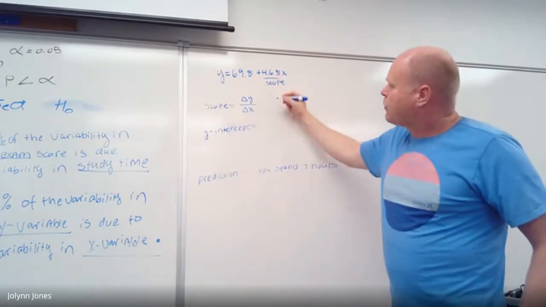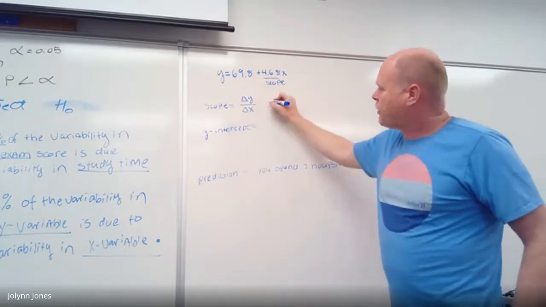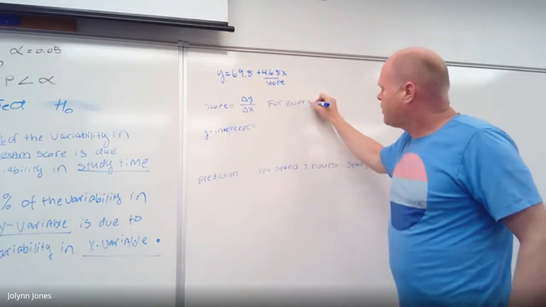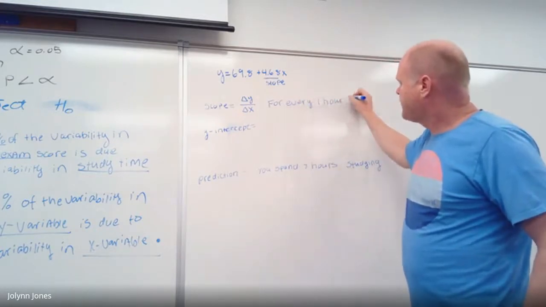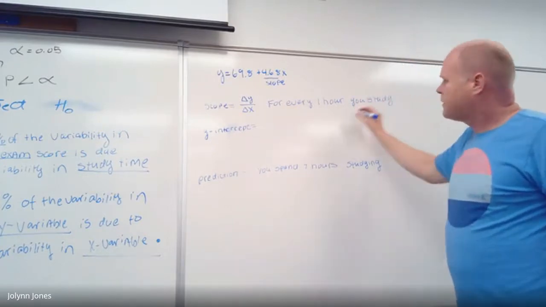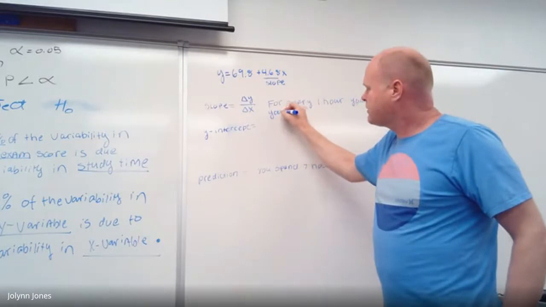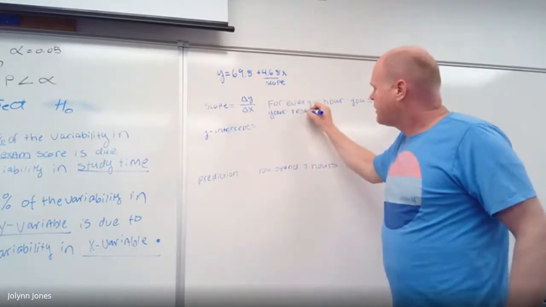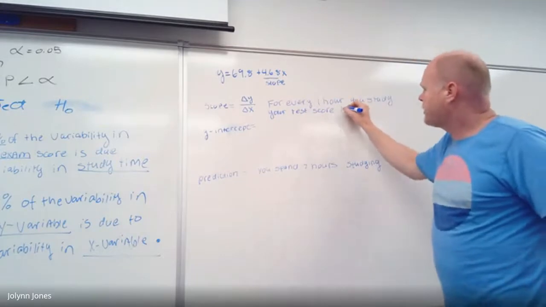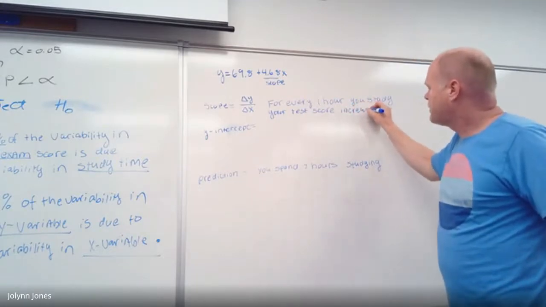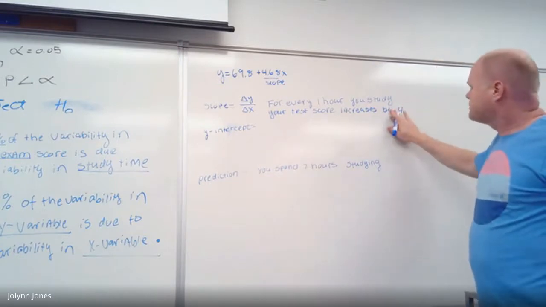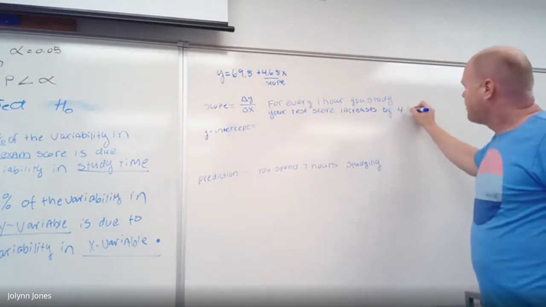So a 4.68 slope means for every 1 hour you study, your test score increases by 4.68 points.